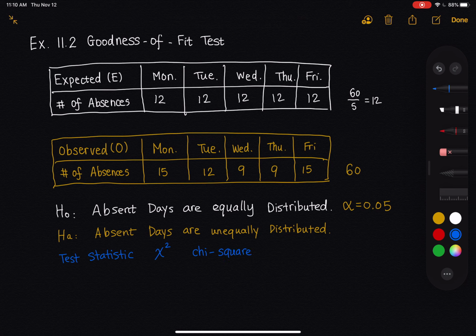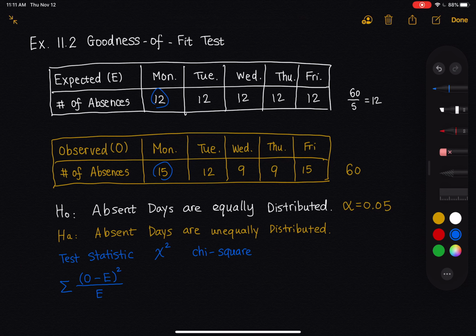So it's a chi-square statistic, and its formula is: you use the observed value, subtract the expected value, and then square this difference. You divide it by the expected value for each cell, and then afterward, you add all the values up to get the statistic.